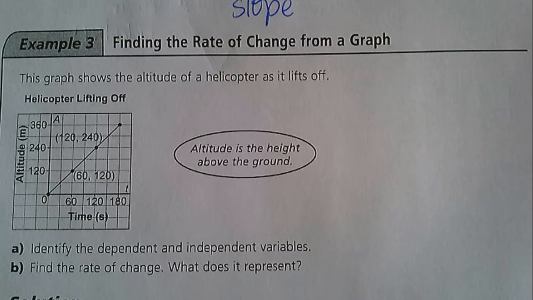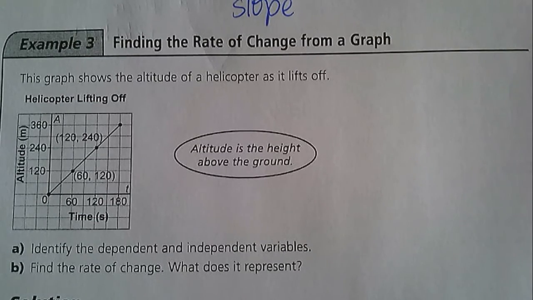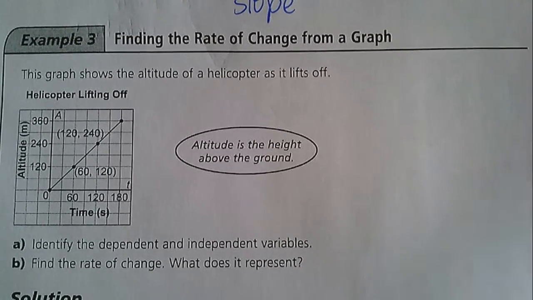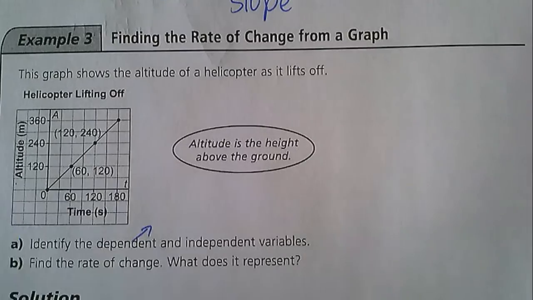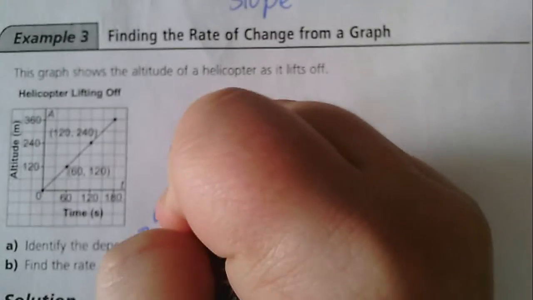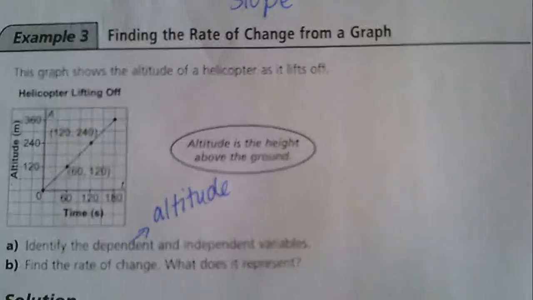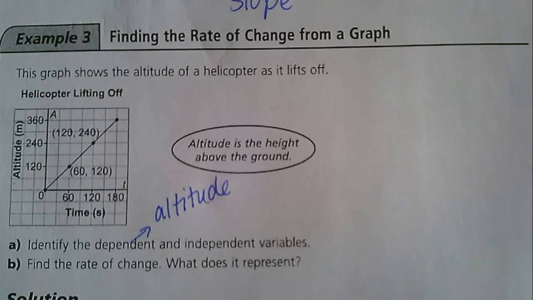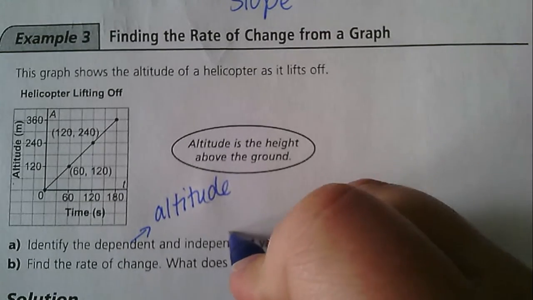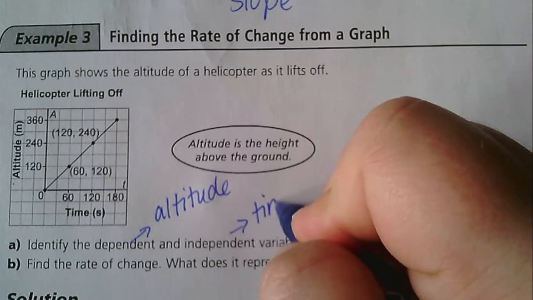For part A, they asked us to identify the dependent and the independent variable before we use that formula. So remember the dependent is found on the vertical axis, or your y-axis. That's our altitude. And the independent variable is the one found on the x-axis. That's the time.